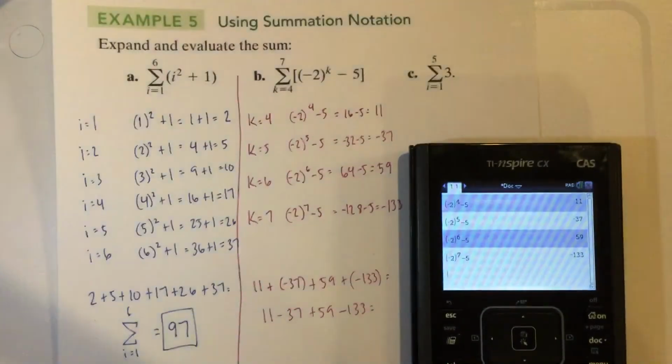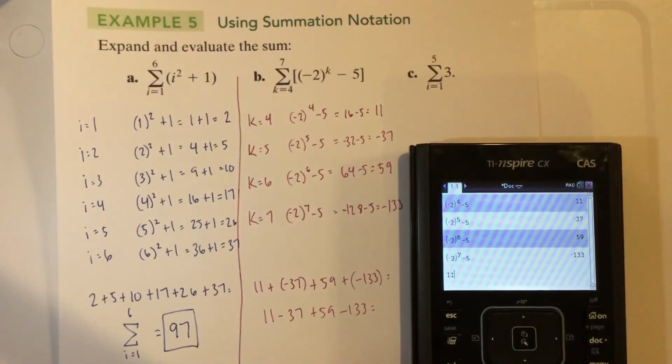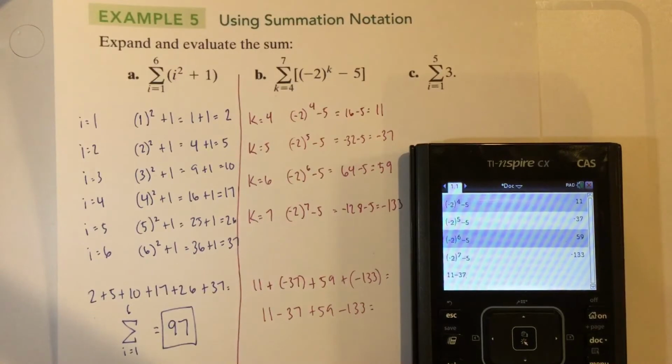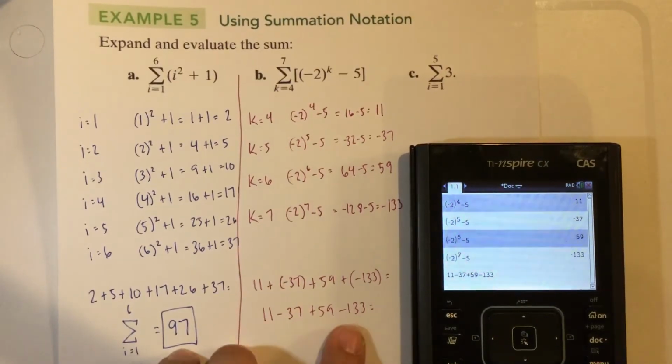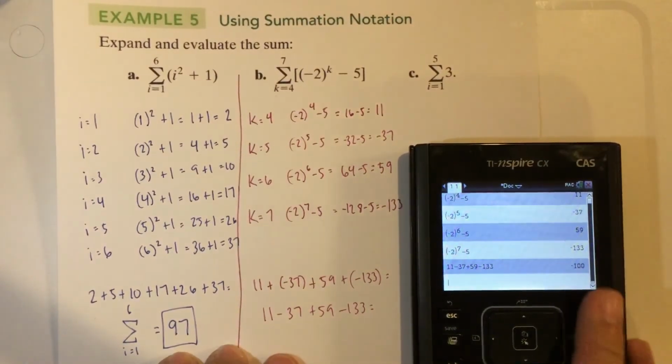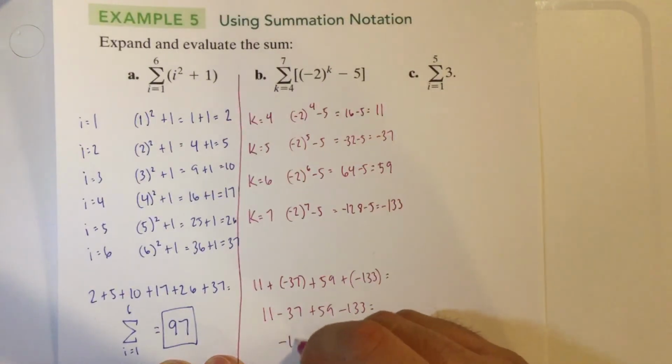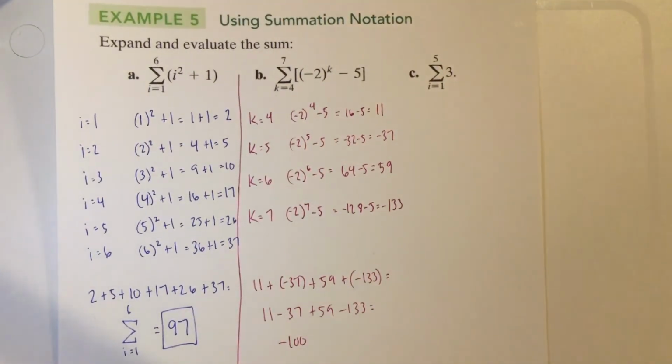Here is my answer when I do all that: 11 minus 37 plus 59 minus 133 comes out to negative 100.